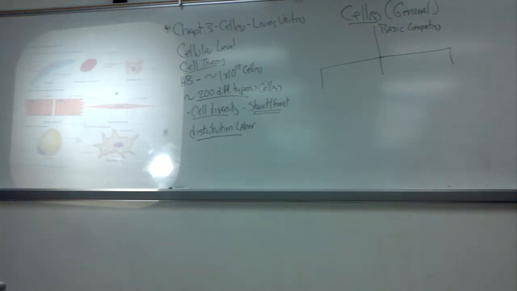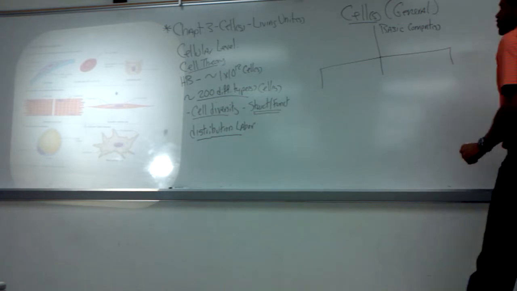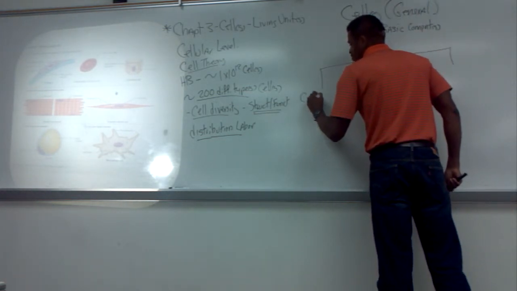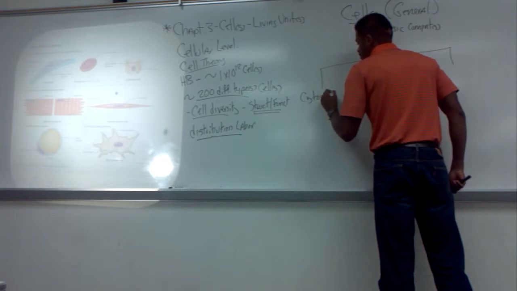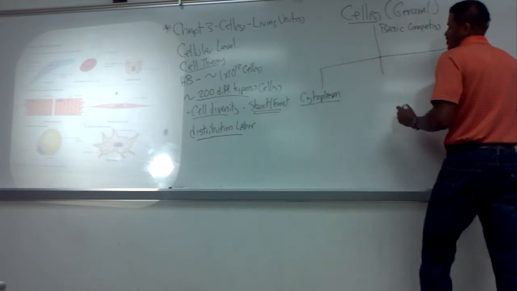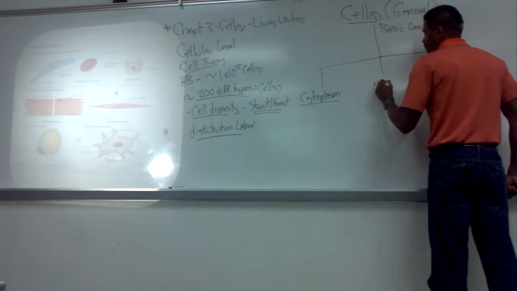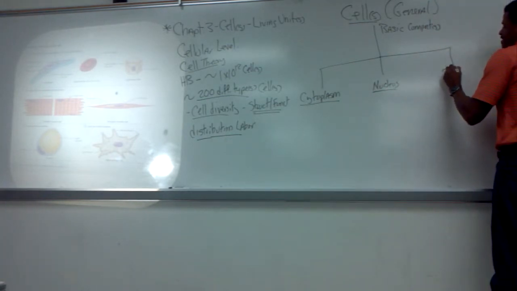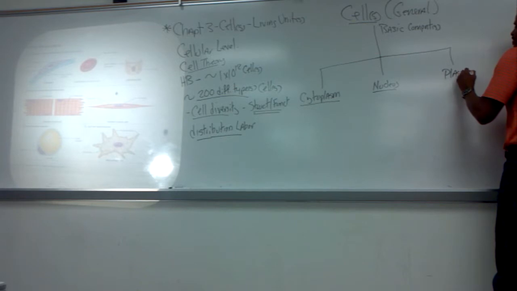Now there are some exceptions to the rule, but the three major components, we have that of our what? Cytoplasm component. We have the nucleus, and then we have the plasma membrane.